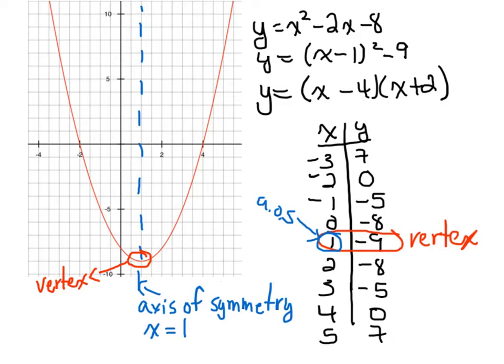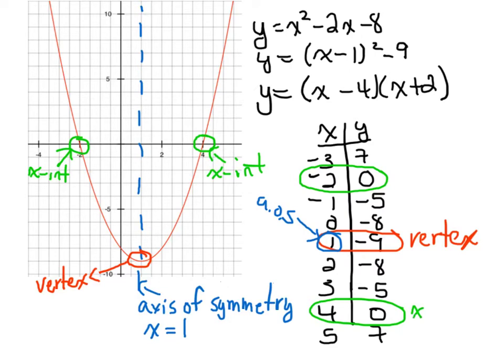Okay, now other properties of this quadratic relation are the x-intercepts. The x-intercepts are where it crosses the x-axis, so that's when y is equal to 0. So we can pick those out here and here. So those are the x-intercepts. The y-intercept is where it crosses the y-axis.